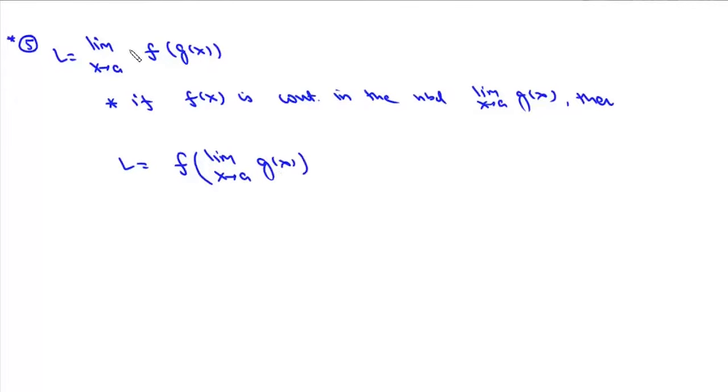So we can take this limit inside this function f if and only if this function f is continuous in the neighborhood of this limit x tends to a g(x).